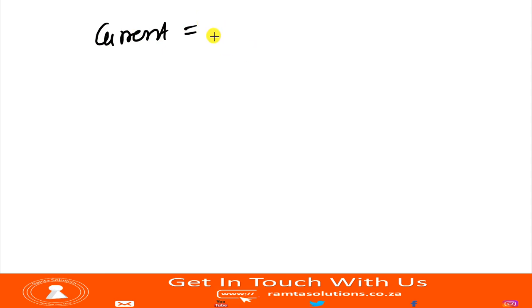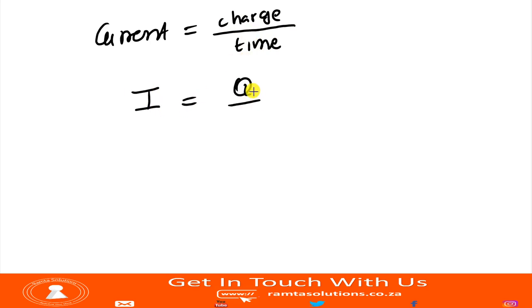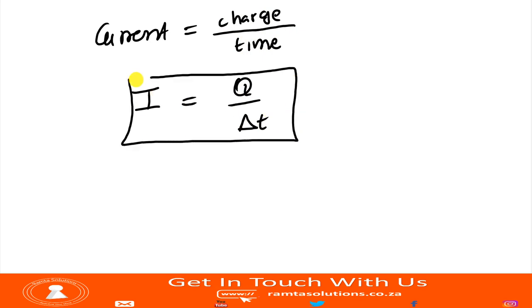When we say rate, it means we will have delta T. So this will be charge over time. Current is I, charge is Q, and then time is delta T. Alright?